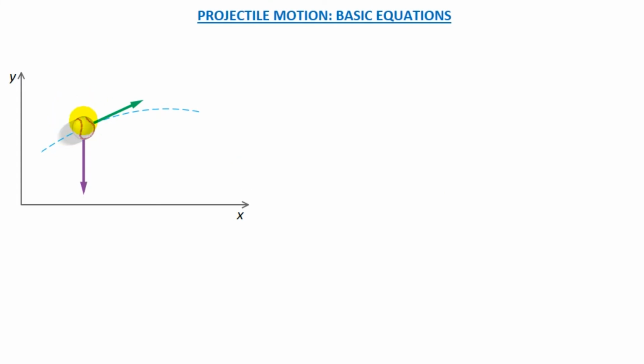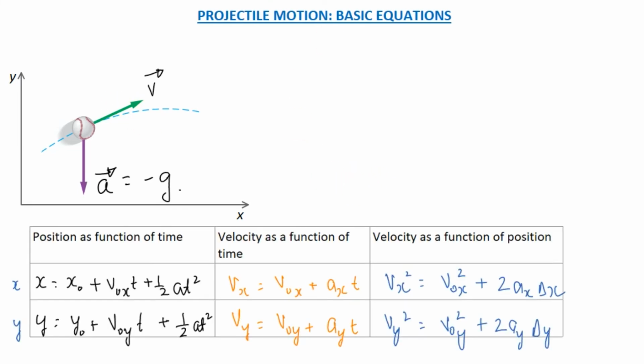So here we have this projectile launched into the air, and this is the trajectory. This direction shows the velocity, and this is the direction for acceleration a, which in this case is -g. And then we derived some basic equations for this projectile motion.